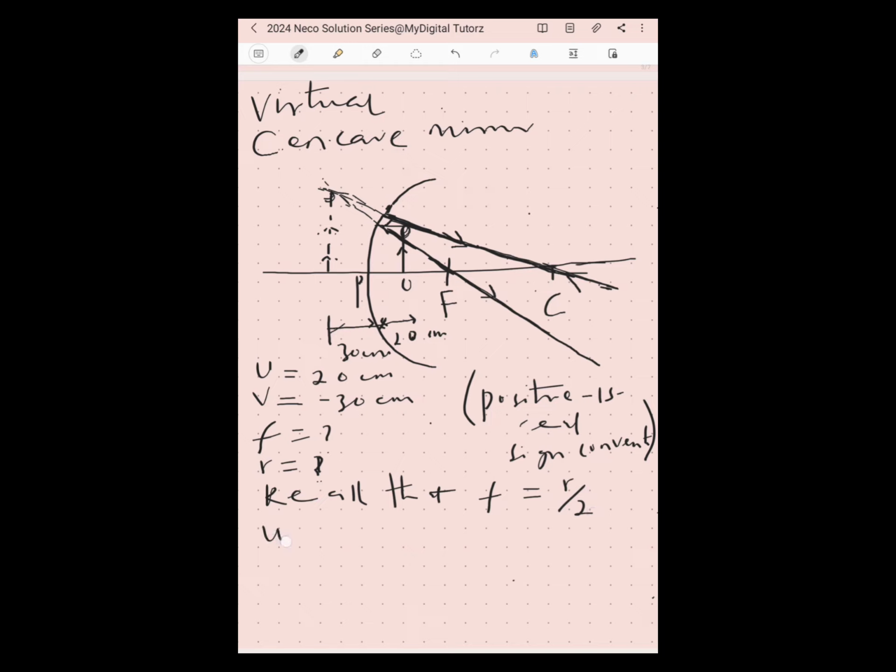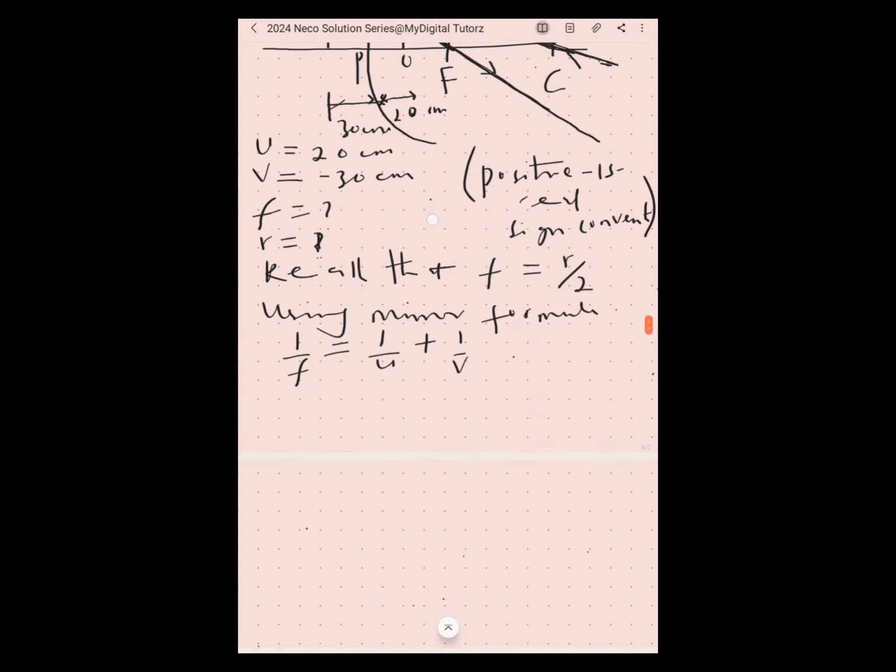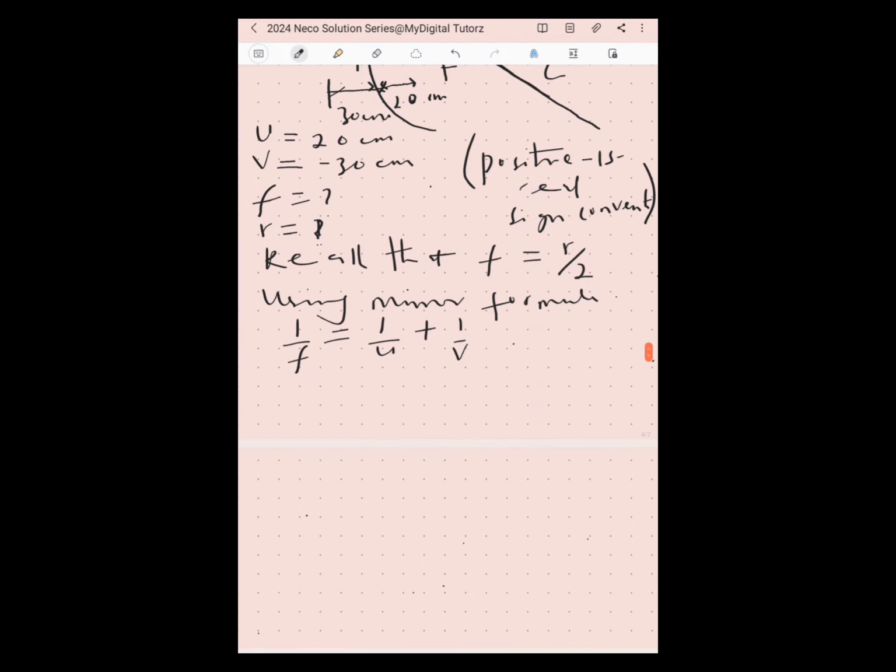So using the mirror formula, that 1 over f is equal to 1 over u plus 1 over v. You might decide to make f the subject of the formula first.